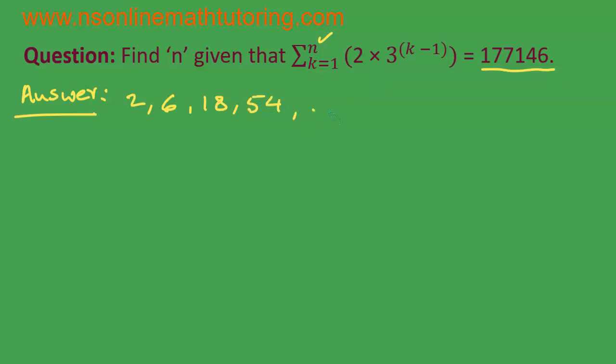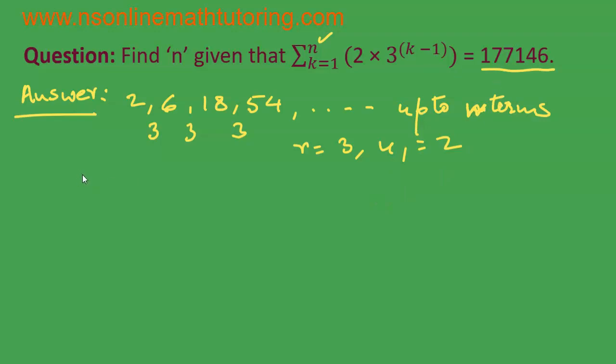And it is continuing up to n terms. So now we see there is indeed a common ratio between the terms and it is equal to 3. So r is equal to 3 and u1 is equal to 2.